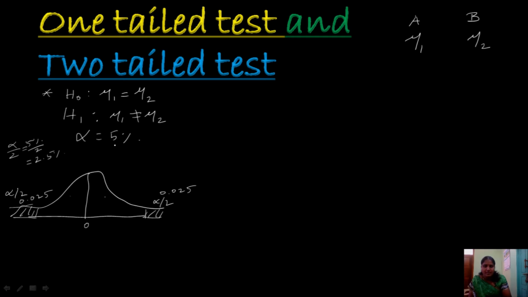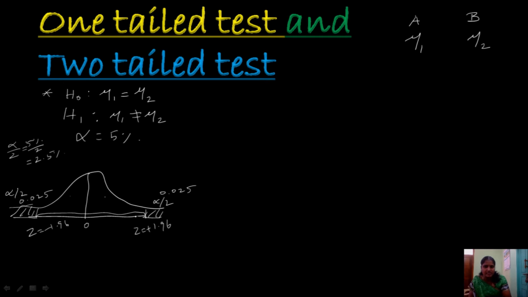So the table value of Z at the 5% level of significance is Z equal to minus 1.96 and Z equal to plus 1.96. If my calculated value falls in this region, definitely I am going to accept the null hypothesis, or otherwise I am going to reject the null hypothesis.